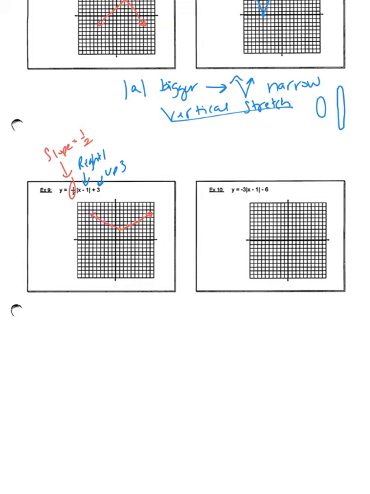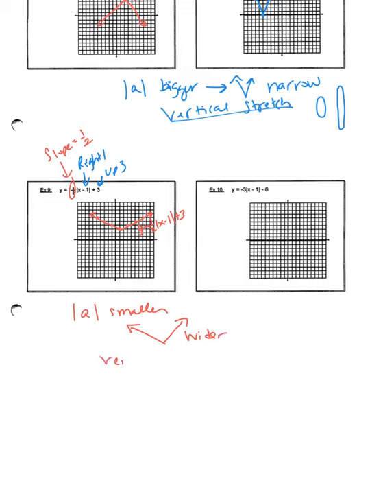So again, just like quadratics, I'm just writing the equation on here. Just like quadratics, as the absolute value of A becomes smaller, then you end up with a wider V. And we have a name for that.